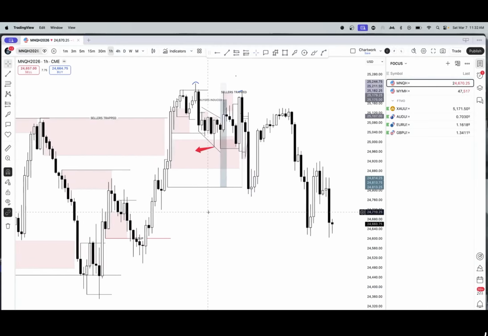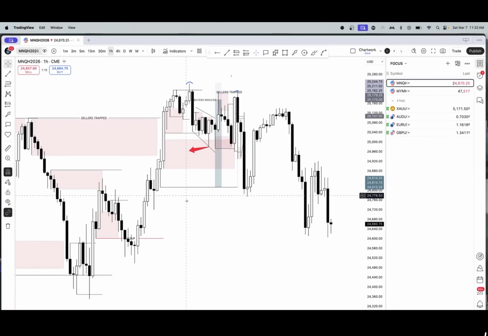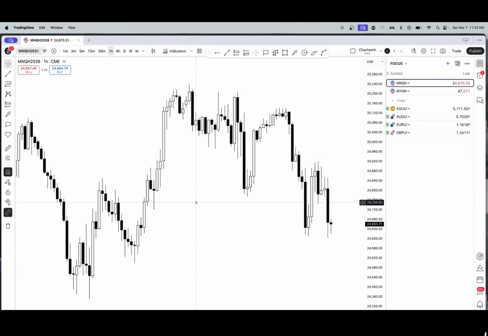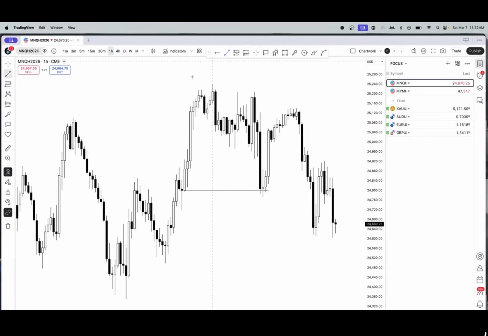So we take out all that liquidity, that price we're building up at. So buyers are trapped. Let's kind of clear this up because this is kind of crazy everywhere. So we take out that low, but notice how price is still respecting this area that induced buyers from a structural standpoint.